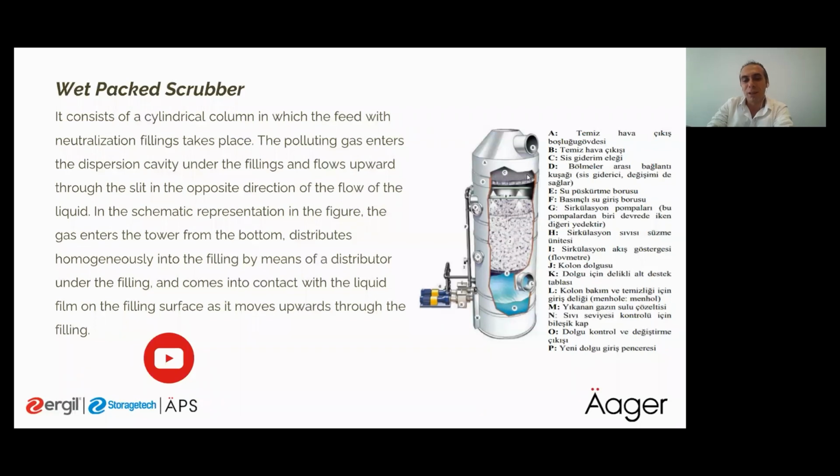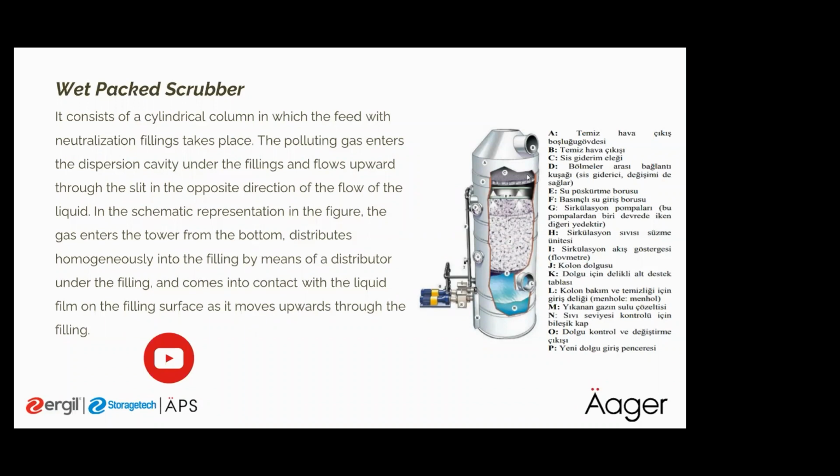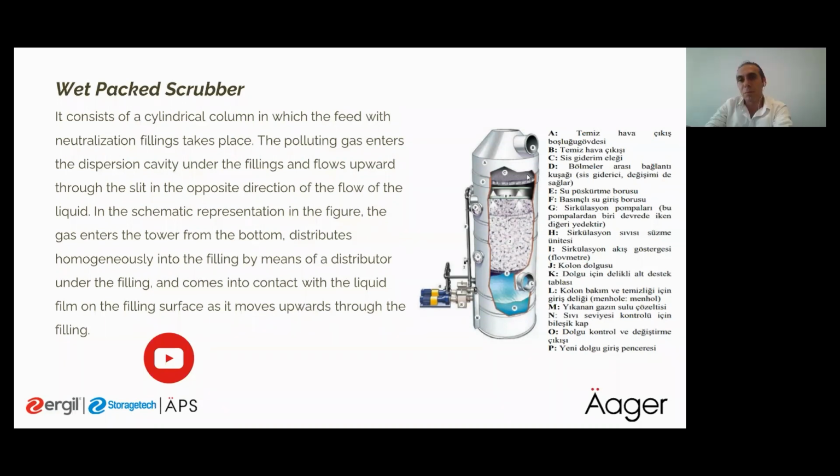This is how some directives and the rules, the government rules, work. It depends on the country, but we are turning the waste gas, the harmful gas, into other things.